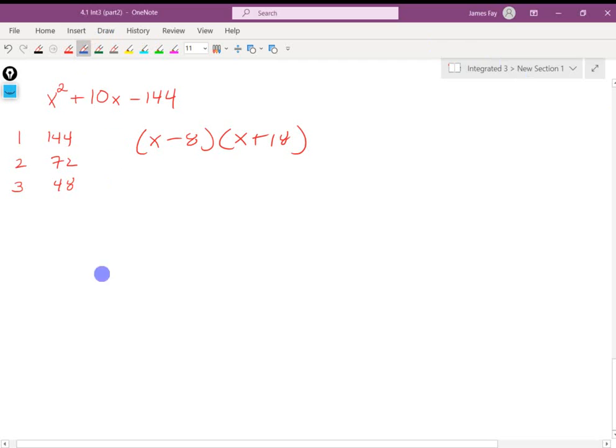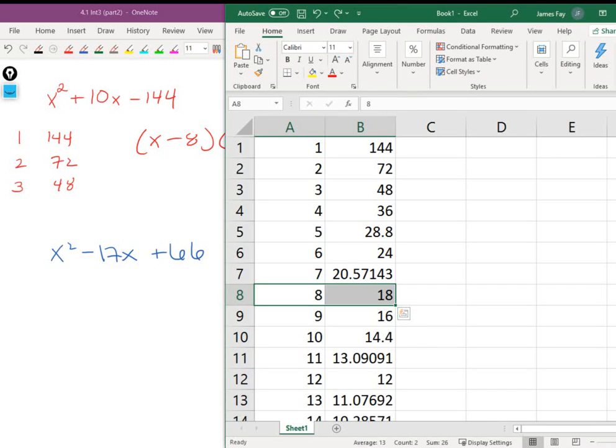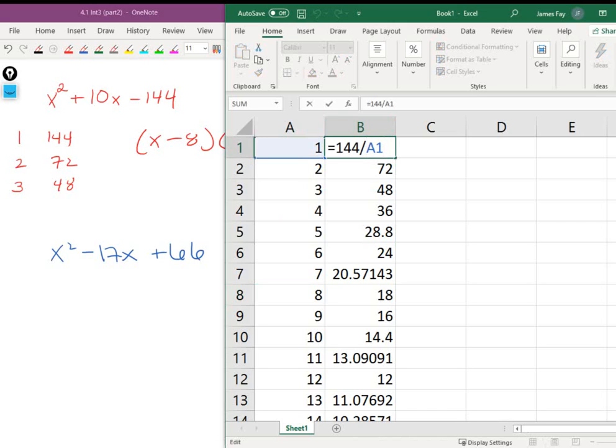an example of x squared minus 17x plus 66. Okay, so if we do that, I'm going to come back up to this. I'm going to double click on there, and instead of 144, I'll put 66 in.